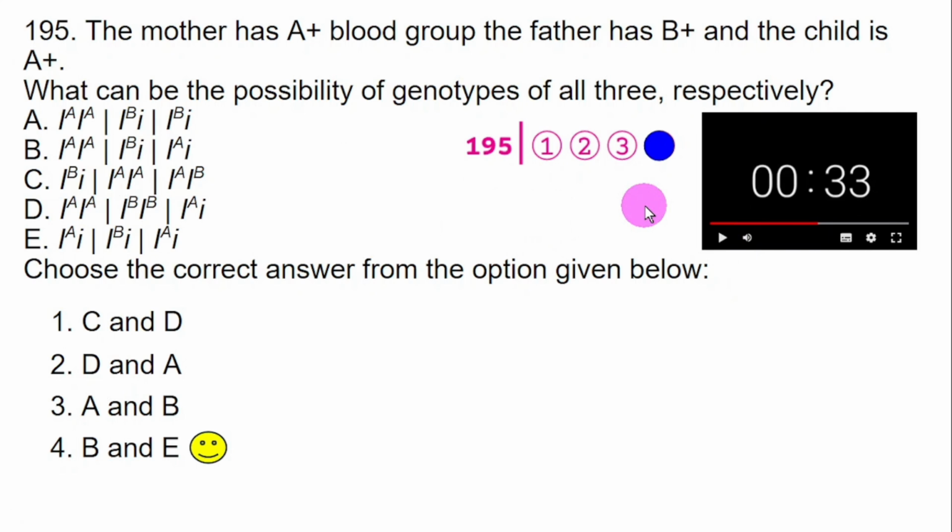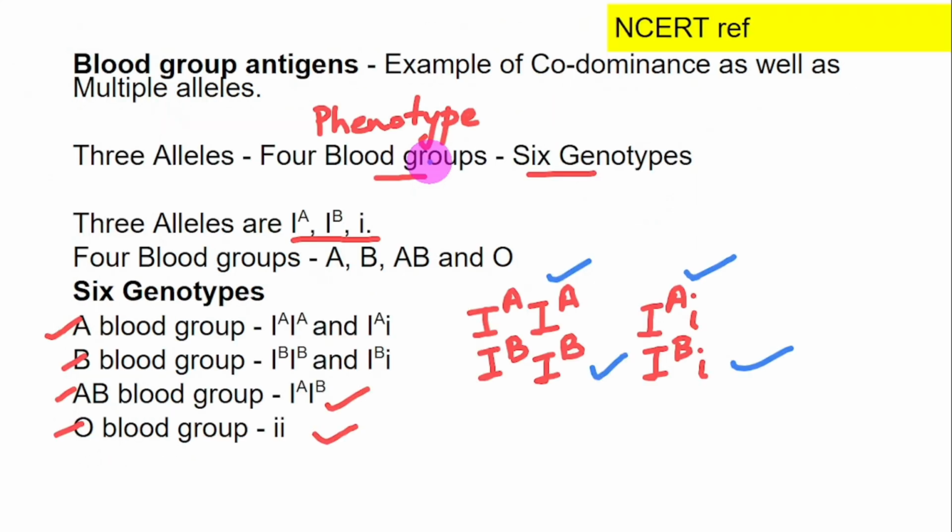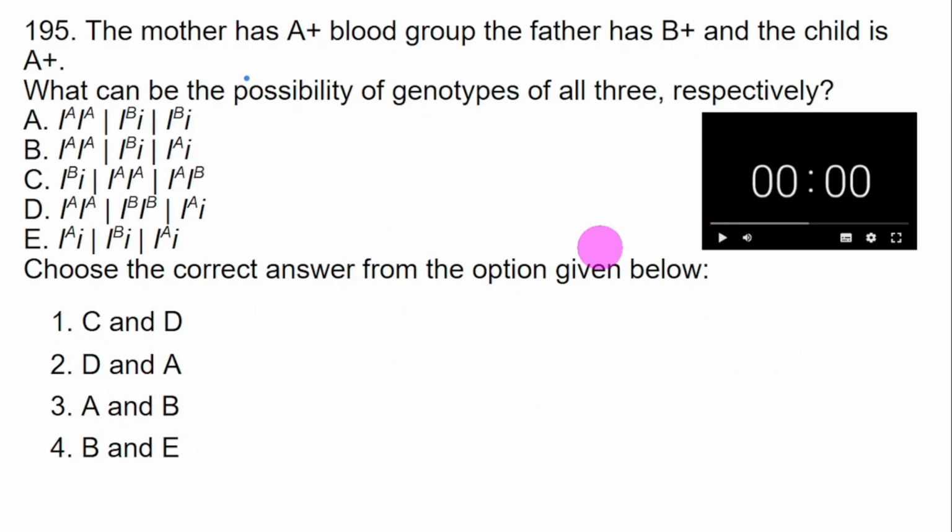So let's do this slowly to understand. Now you have kept this thing in your mind. If this is clear in your mind, it will be easy for you to attempt such questions. So mother has A positive blood group. Since we are in the process of solving the problem, you don't write both the alleles. At least one you're definitely sure of, that it will be carrying the dominant A allele since it is A blood group.